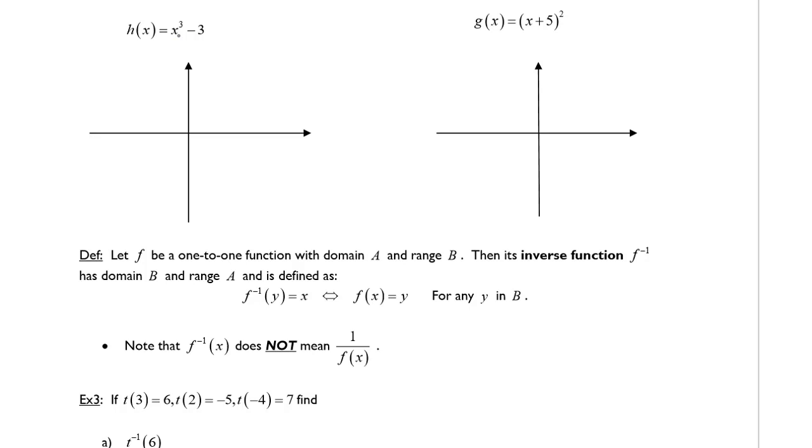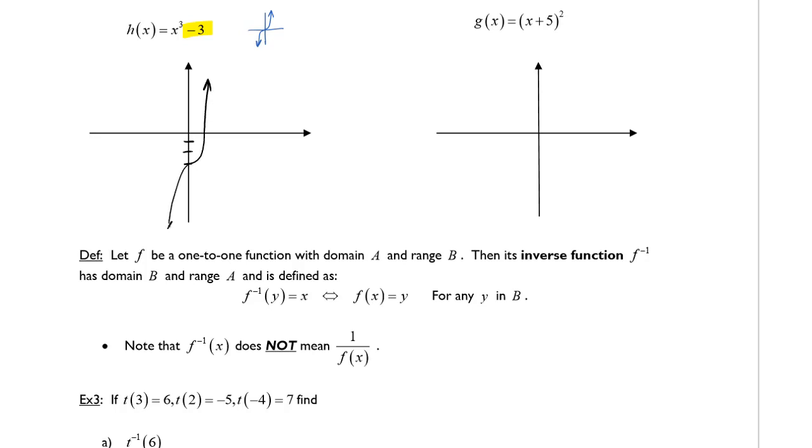I know that h of x is a cube, which means it's going to have this general shape. And by now, you should know that transformations say I'm shifting it down 3 units. So my function will be a cubic shifted down 3.